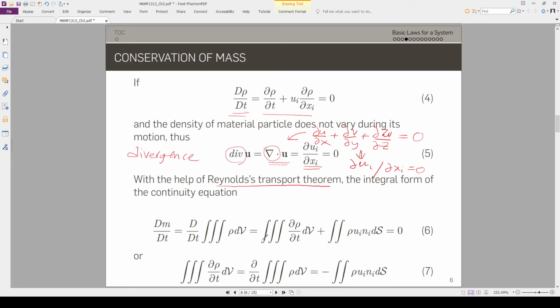So equation number 6 is representing the same as we have in the previous slide, but it is written in finite volume expressions. As you can see here, we have the rate of change of mass in the control volume.